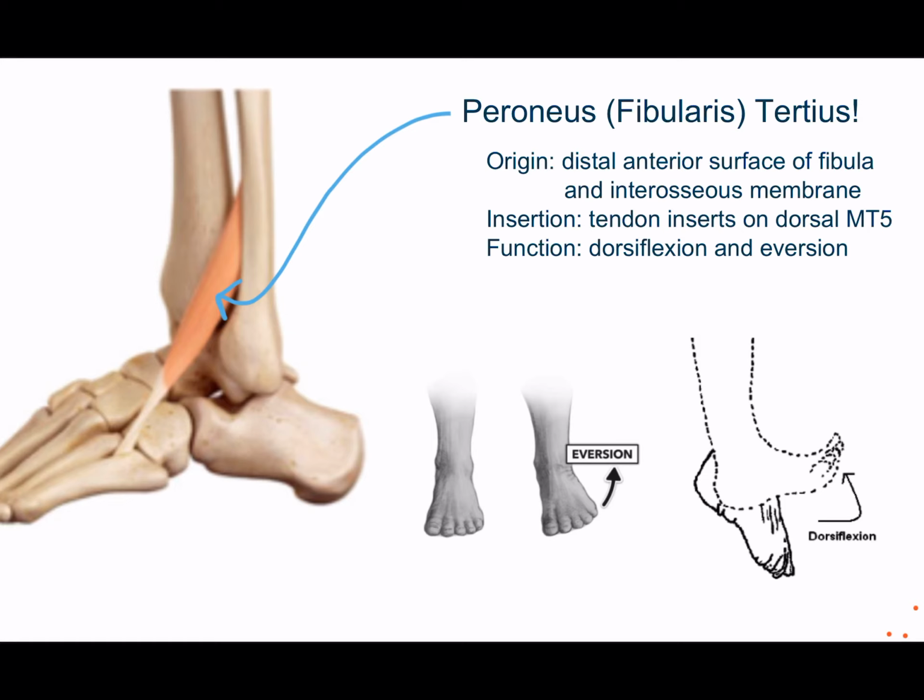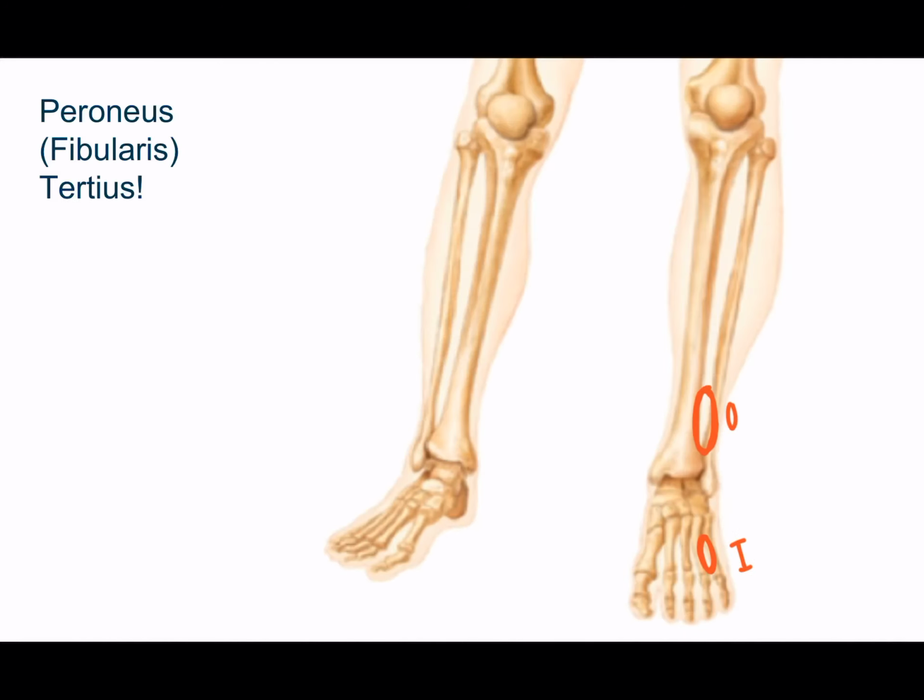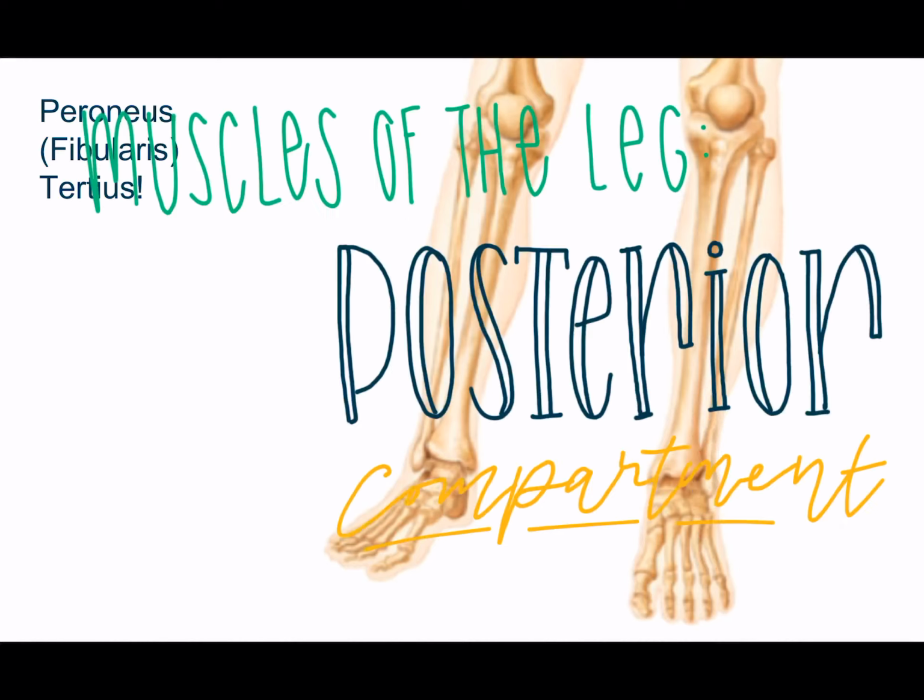It's going to insert into a tendon, which is going to insert on dorsal metatarsal 5, your pinky. Its function is dorsiflexion and eversion, which makes total sense if you think about it. Eversion, like turning your foot out and up, is very pinky directed. See, it's a little fella. That's right there in the interosseous membrane.